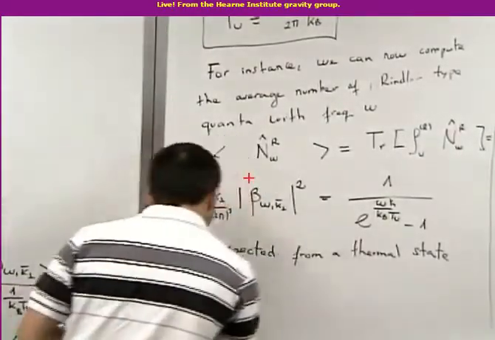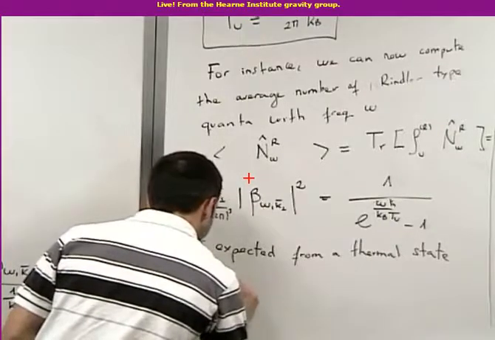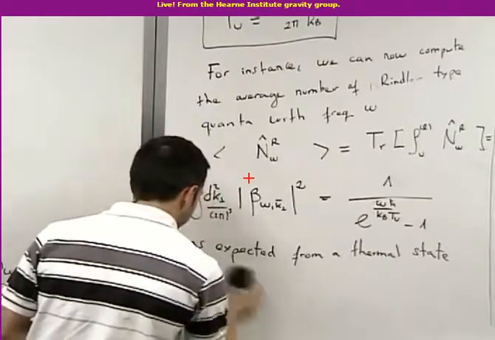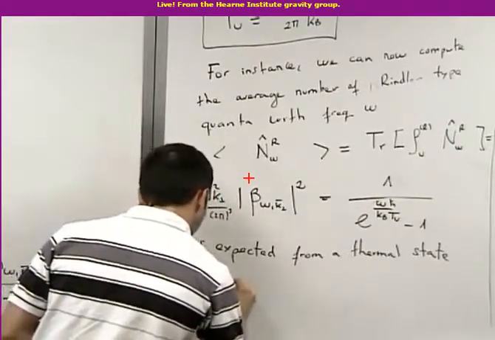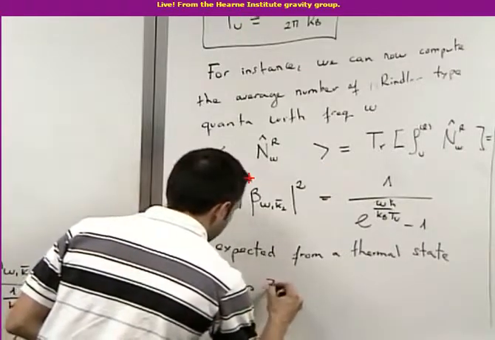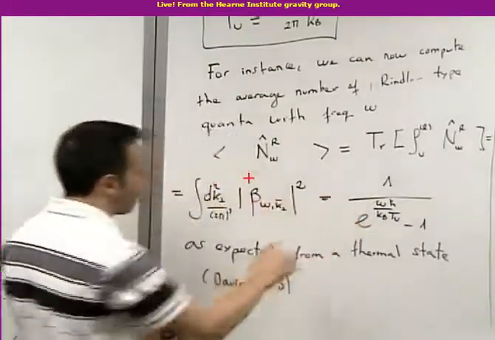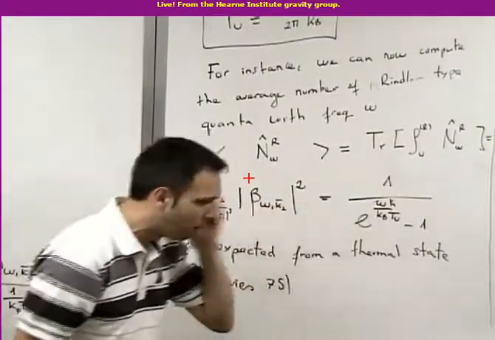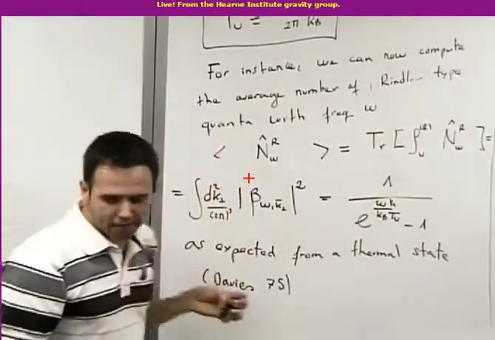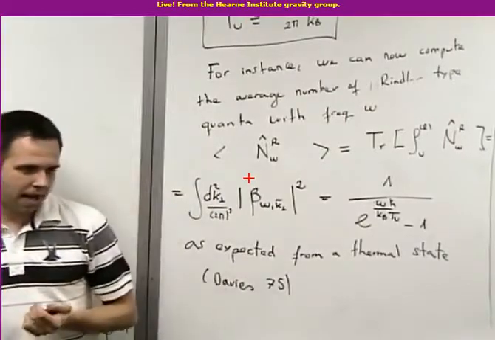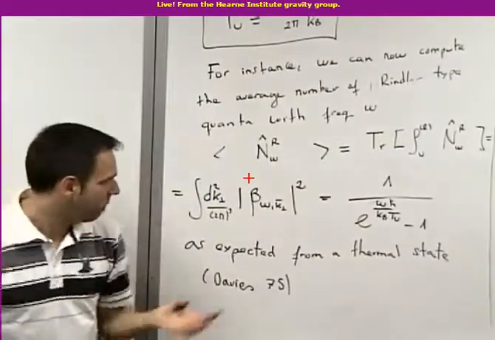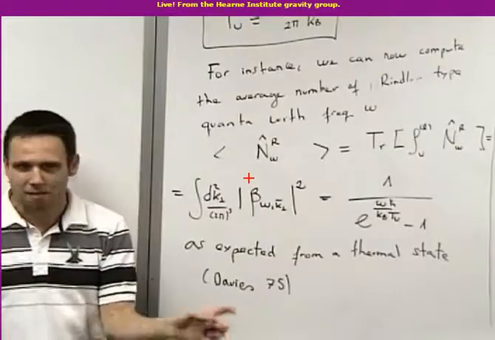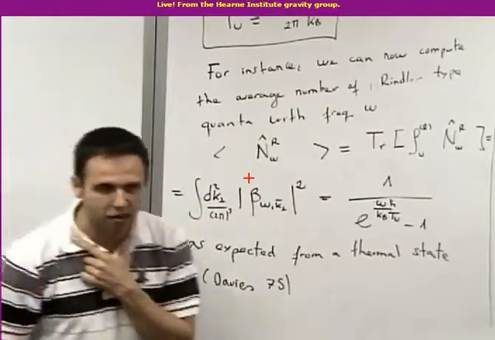And this, I think, was obtained for the first time by Davies in '75. And normally this is many times the way of showing the Unruh effect, computing this number. But you may also have a state which is not thermal, but the number operator happens to be the same as in a thermal state.